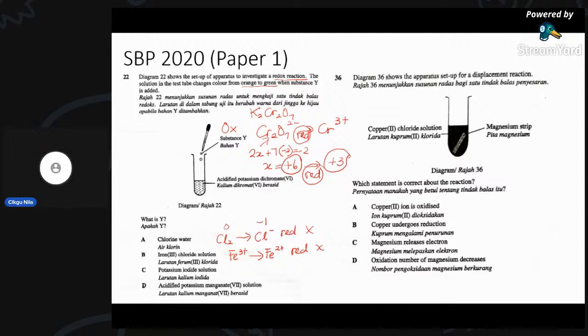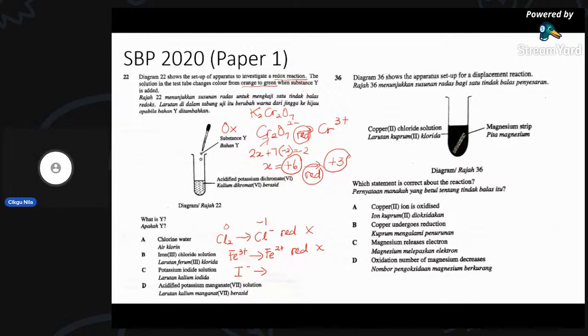Okay, potassium iodide. In potassium iodide, iodide ion is the one which is important, not potassium. Potassium is just a spectator ion. You can ask me how I can say which one is a spectator ion: the one that has a change in color is the one that is important.